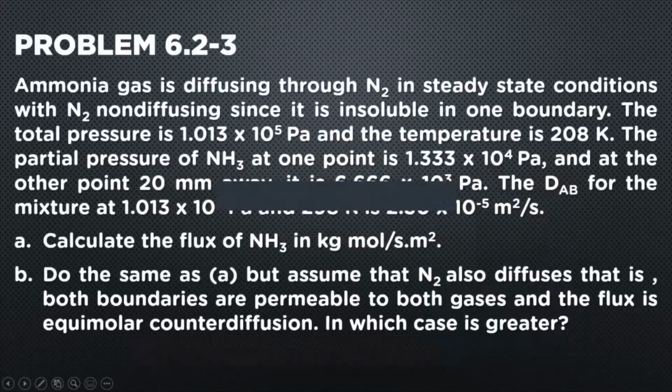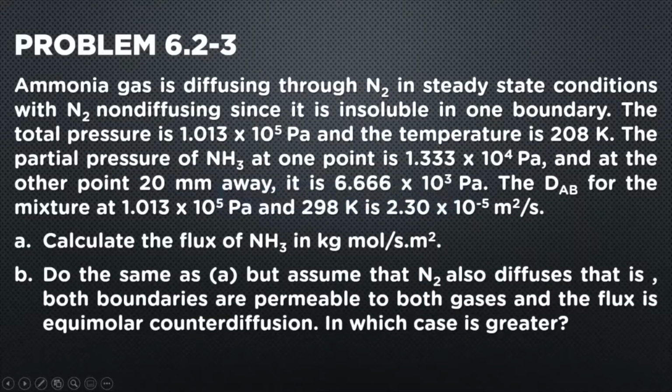The problem states ammonia gas is diffusing through nitrogen gas in steady state conditions with N2 non-diffusing since it is insoluble in one boundary. The total pressure is 1.013 times 10 raised to the power 5 Pascal and the temperature is 298 Kelvin.